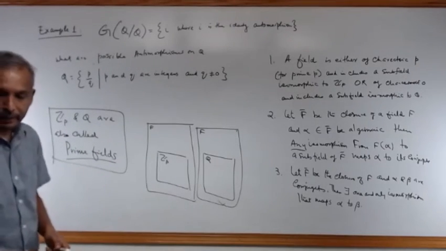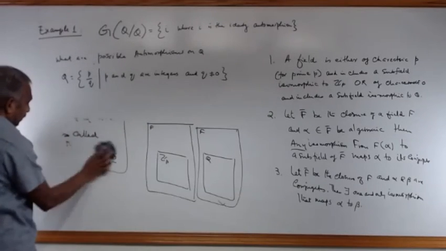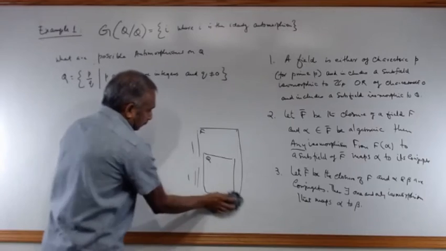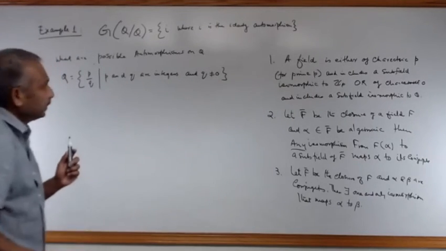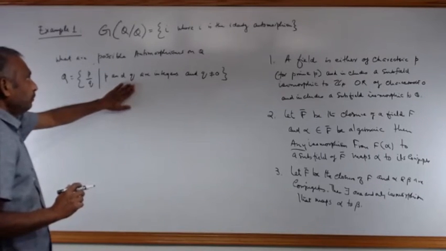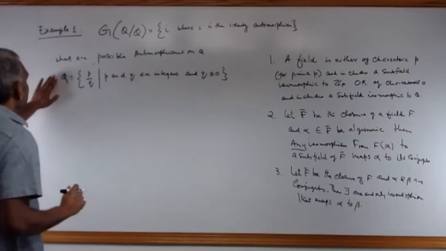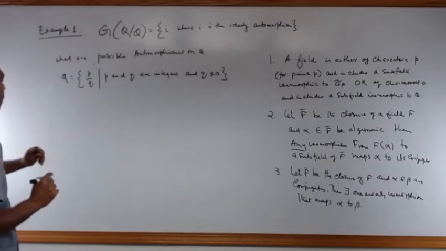That is just a terminology that I missed earlier, so I just want to mention it again. Yes, p and q are integers where q is nonzero, and Q is the collection of all rational numbers.